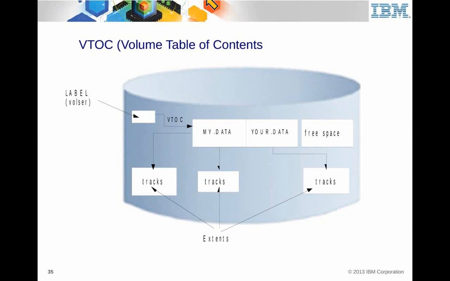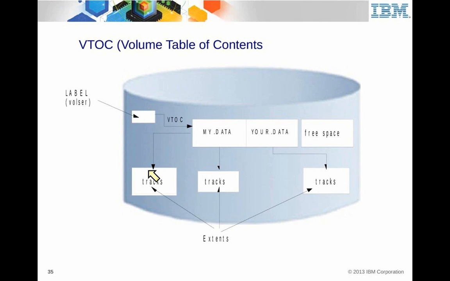Now, this one here is an important diagram, because each disk has a label, then the label points to the VTOC, but the important thing about this is I want to explain extents. So a data set, let's take my.data. My.data will have an extent, a primary extent. An extent itself is a contiguous area on disk.